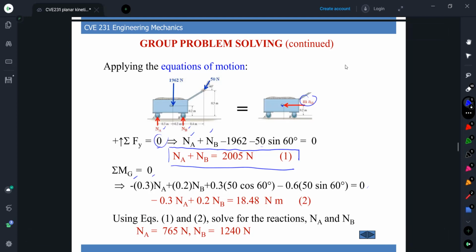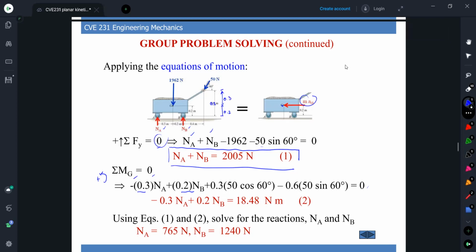We consider the summation of the moment of each force about point G. Assuming counterclockwise is positive, we have 0.3 N_A and 0.2 N_B. The dimensions are 0.5 meter, 0.5 meter, and 0.2, so this distance becomes 0.3.